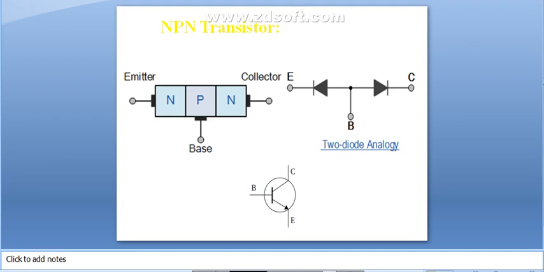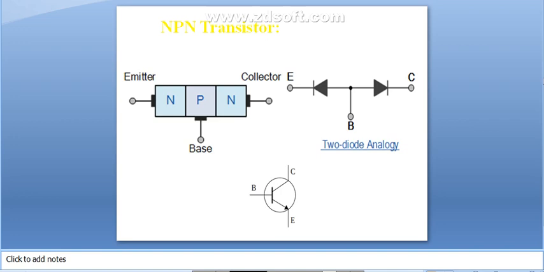See here, it is an NPN transistor. The middle layer is a P-type layer and the 2 outer layers are N-type layers. The 3 terminals are emitter, base and collector.